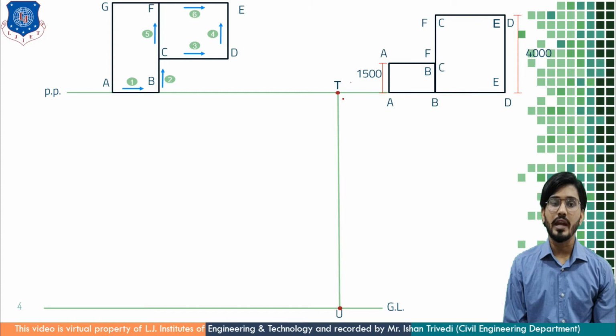Then I will go to F to E, that is from left to right, that is the sixth step. Then A to G, and at last I will connect the line of G to F. This is the sequence of our drawing.